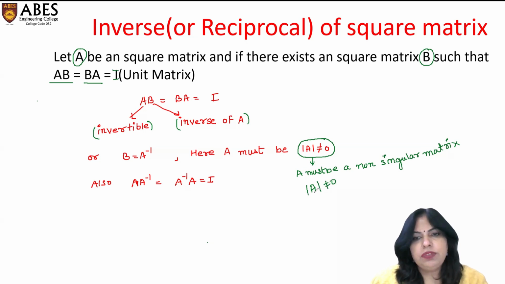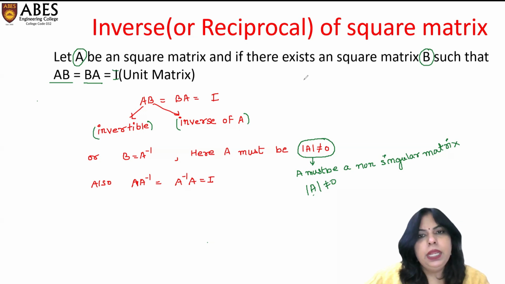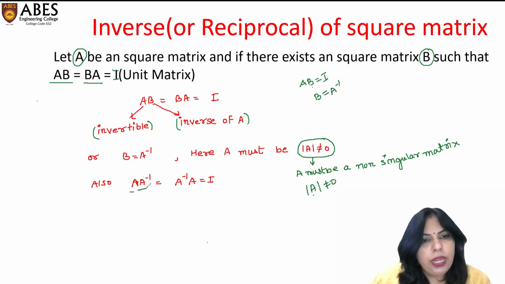If it is so, we may say A is a non-singular matrix and its inverse will exist. So if we have matrices A and B, and A multiplied by B is equal to I, then B is called inverse of matrix A. Also, A into A inverse or A inverse into A is equal to I.